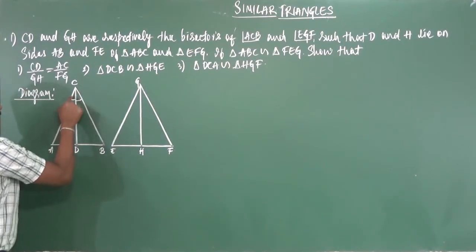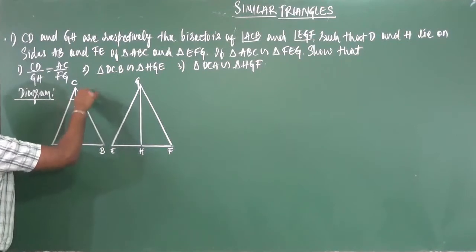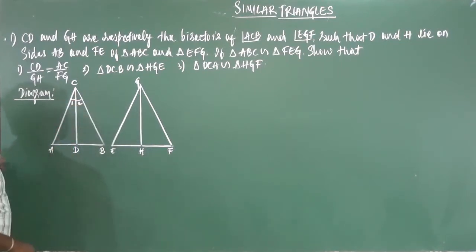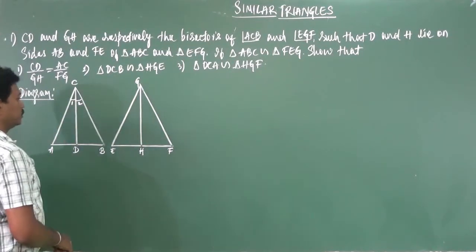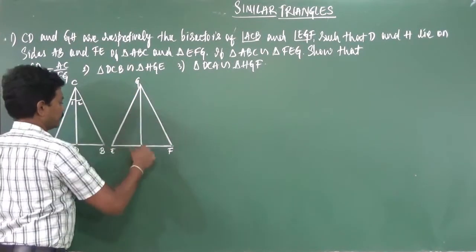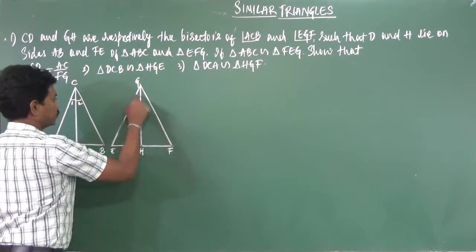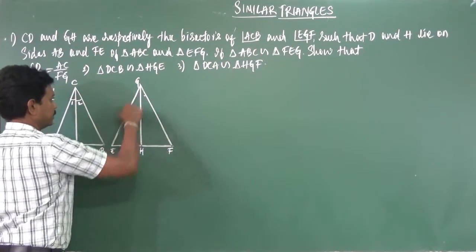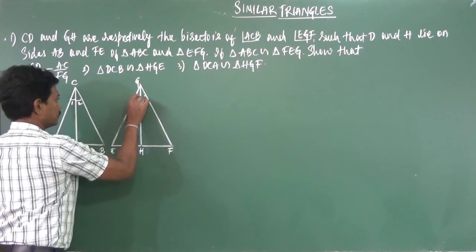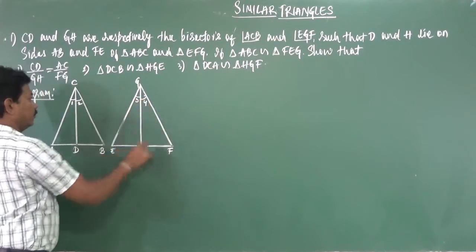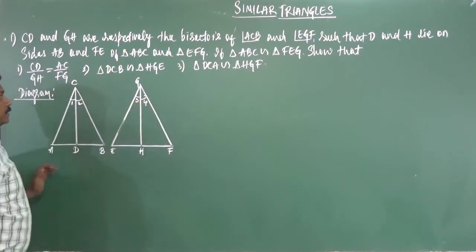That is, CD divides angle C into 2 equal parts. Let us call them angle 1 and angle 2, just for the sake of identification. GH divides the angle EGF into 2 equal parts, that is GH bisects angle G, right? Let us call this part angle 3 and this part angle 4, just for our reference.